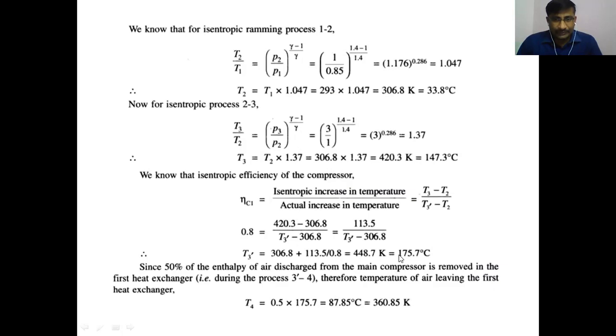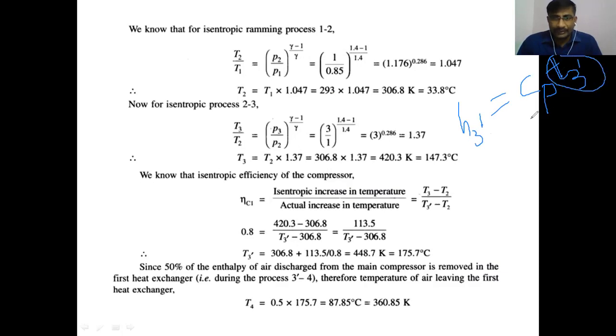I will write the formula here: enthalpy at point 3 dash, H3 dash, is equal to specific heat of air into small t3 dash, the temperature after the main compressor in degrees centigrade.